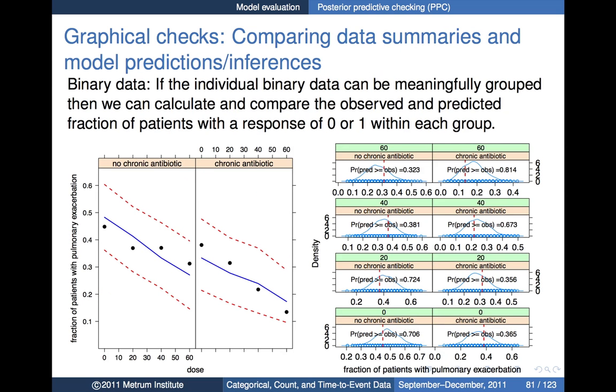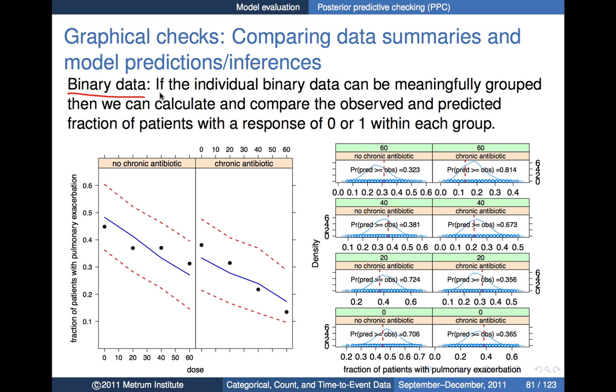Another case I mentioned was the idea of comparing data summaries with model predictions or inferences. In this particular instance, the data summaries, in the example I'll show you for the binary data, essentially take a form similar to that binomial data.